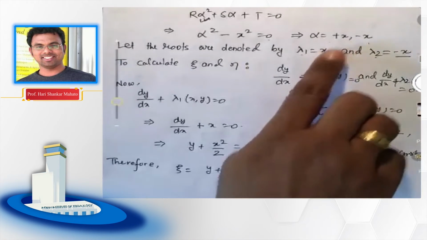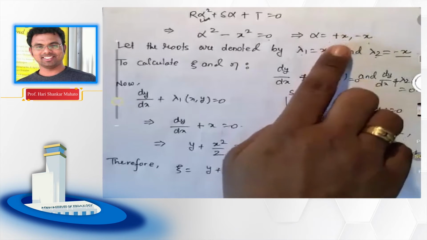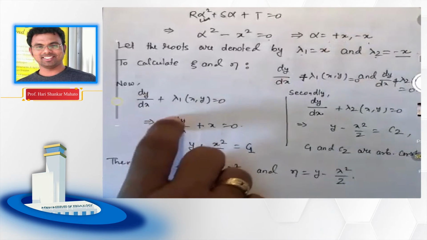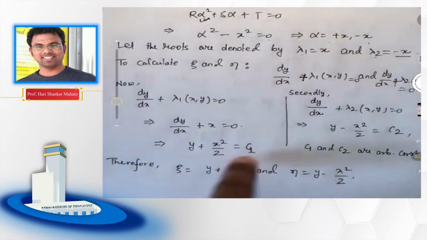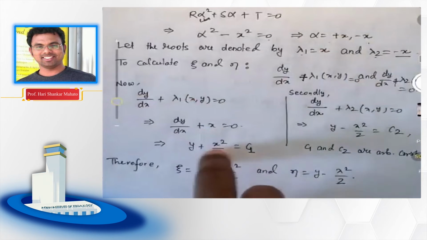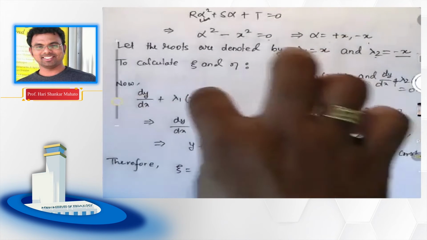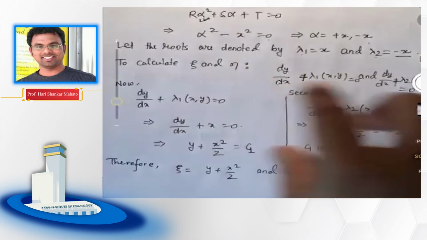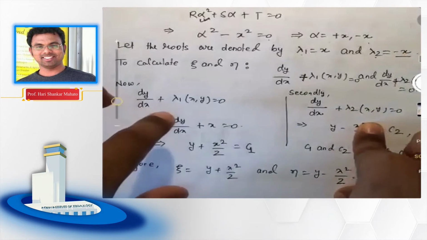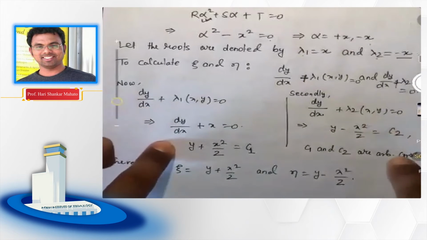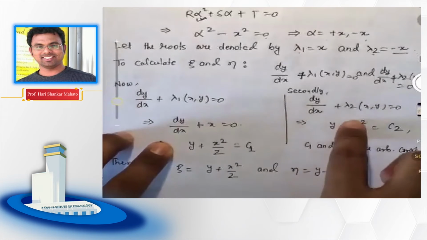You take one root and formulate this ordinary differential equation dy/dx plus lambda 1, and solve it, and that will give you y plus x square by 2. That will give you one function xi, and you take the other root, solve the same ODE but take lambda 2 here, and that will give you eta. So in case of hyperbolic PDE, this is the way you find out xi and eta, by taking the two distinct roots.